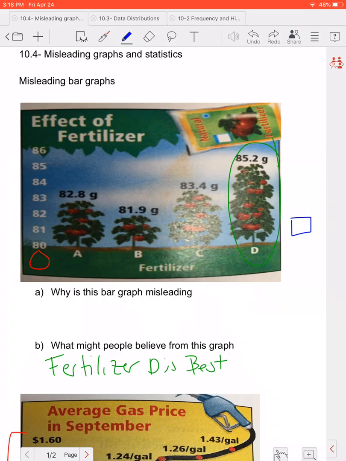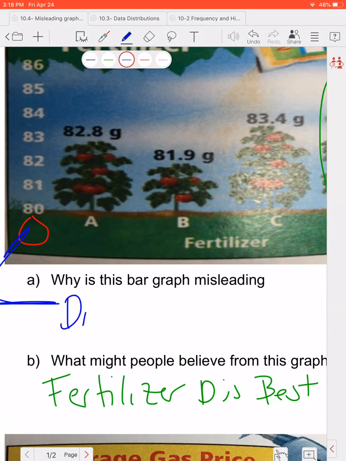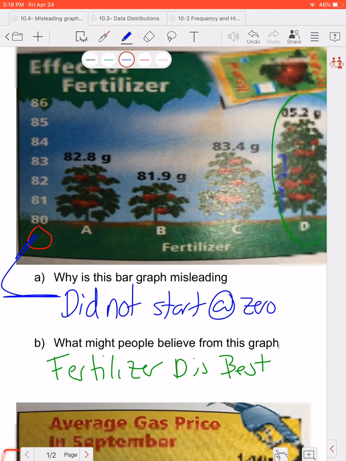The big issue here is if we look at the y-axis, it's counting 80, 81, 82, 83, 84, 85, 86. But it is not starting from 0, and it did not tell us that it wasn't starting from 0. Our graph did not start at 0.